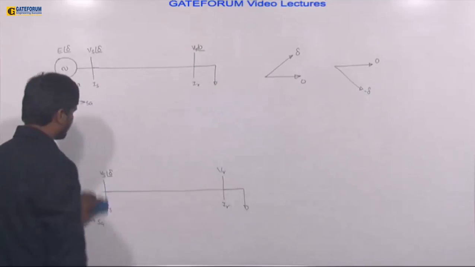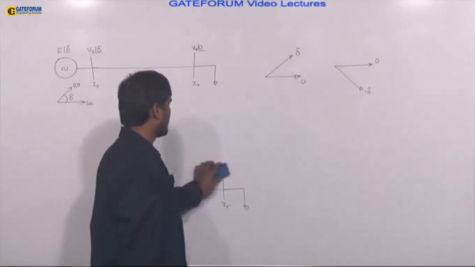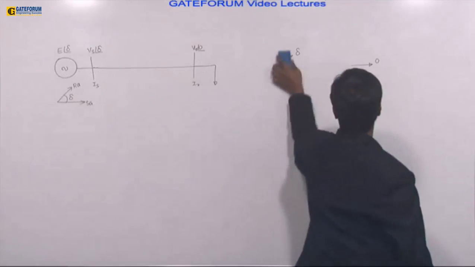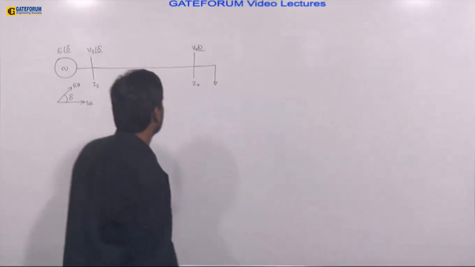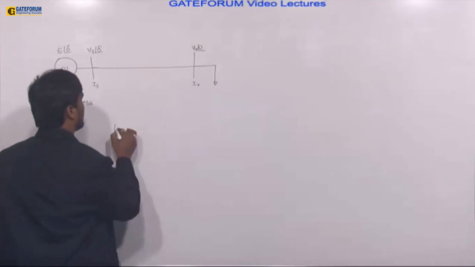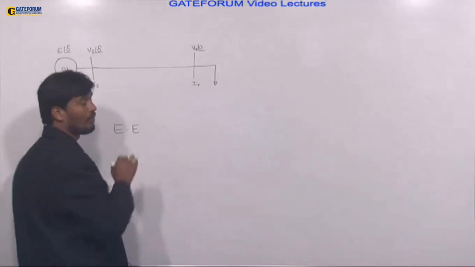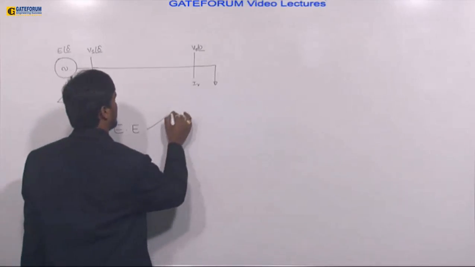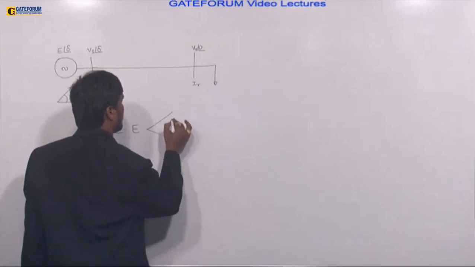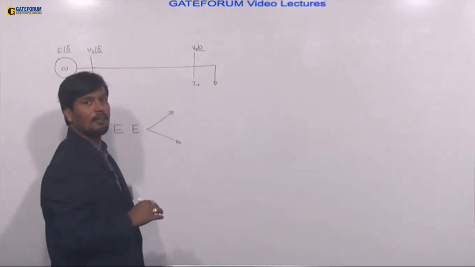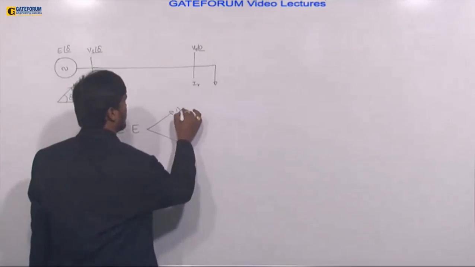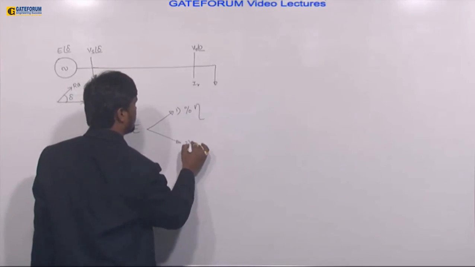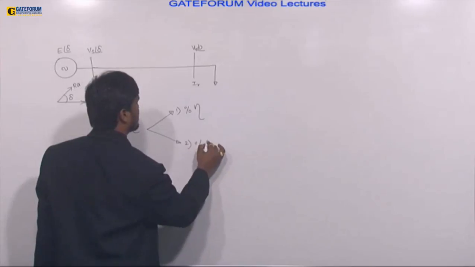Now see, what is the topic we are discussing right now? Steady state performance of transmission lines. Any electrical equipment's performance can be analyzed in two ways: one is by percentage efficiency, the second is by percentage regulation.